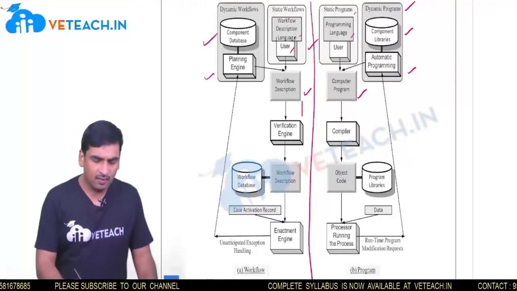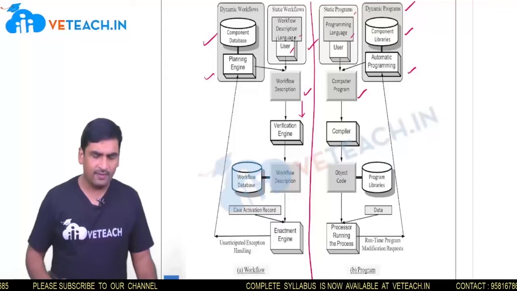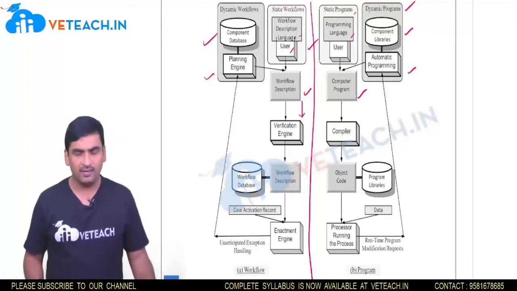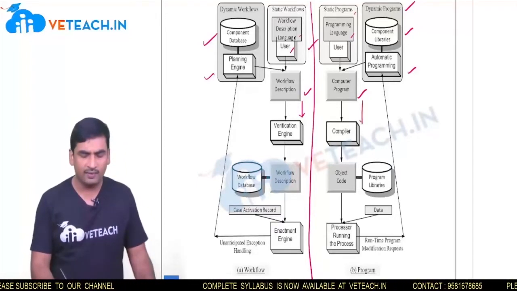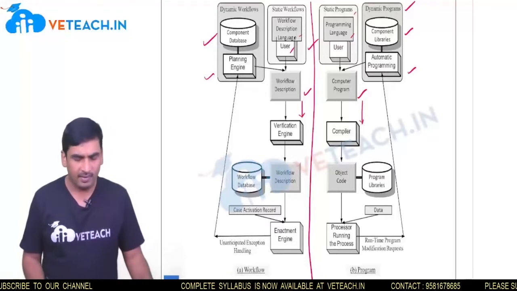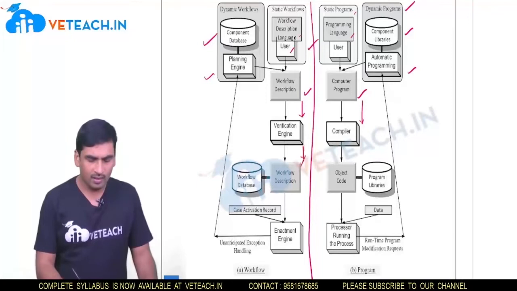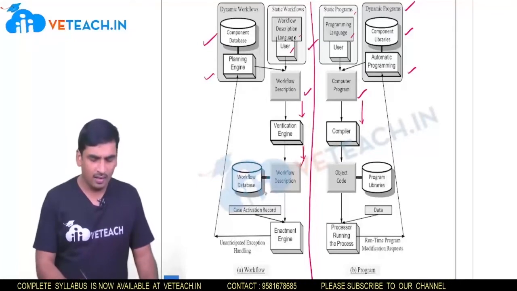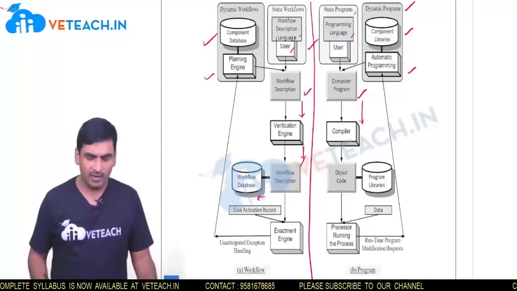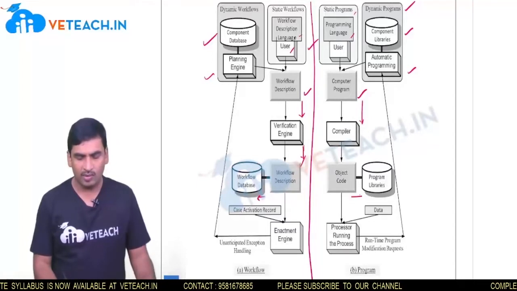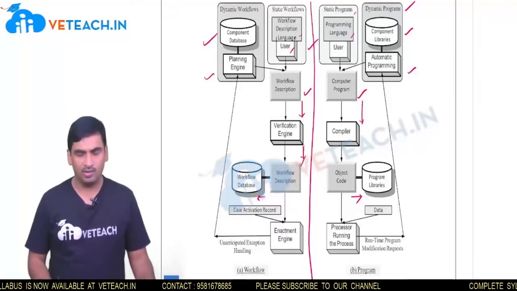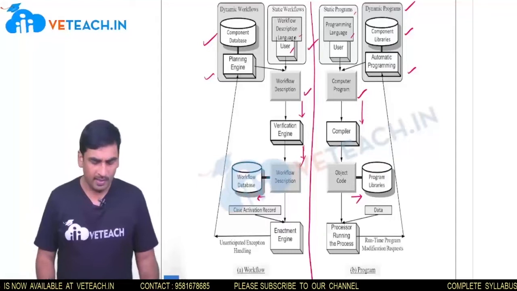These workflows are verified in the verifying engine, whereas the programs are verified by the compiler. Then these workflow descriptions are put in the workflow database, while the programs are converted to object code and put in the program library.